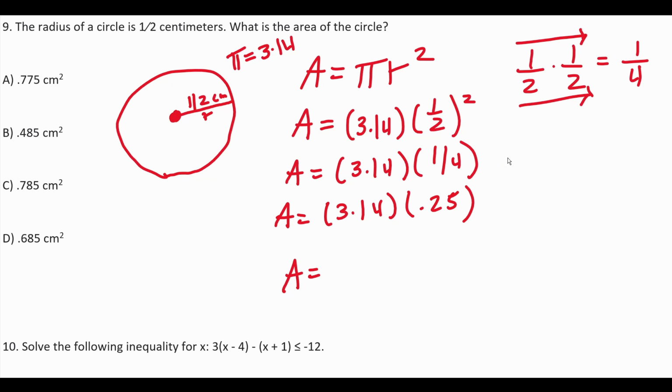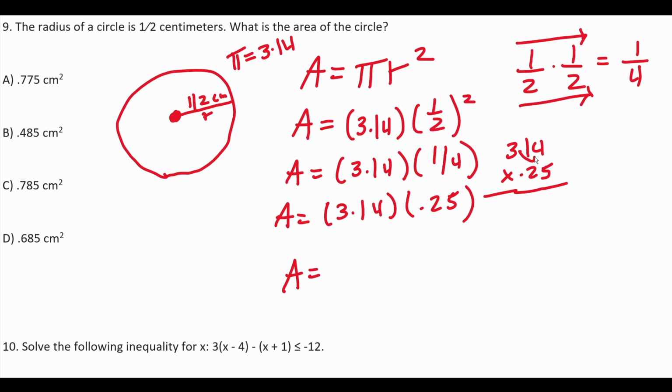Now that we've done that, let's go ahead and work this off to the side. We have 3.14 times 0.25. Again, we're multiplying decimals here. So the goal is to get rid of the decimals so that we can perform the multiplication, and then we'll add them back in at the end.